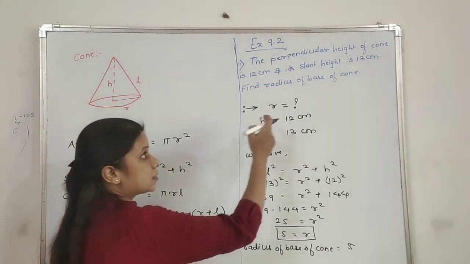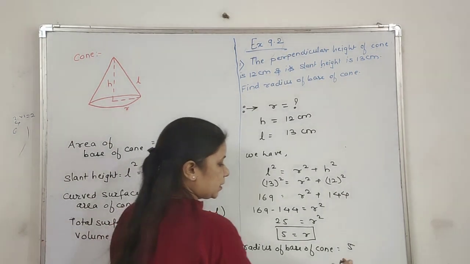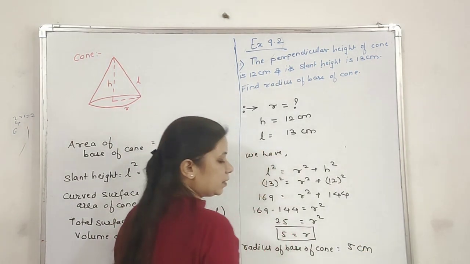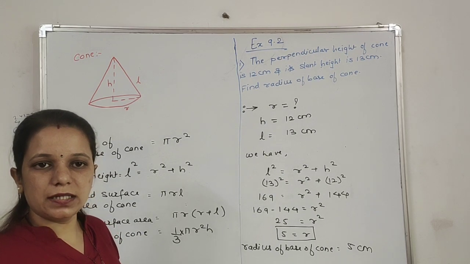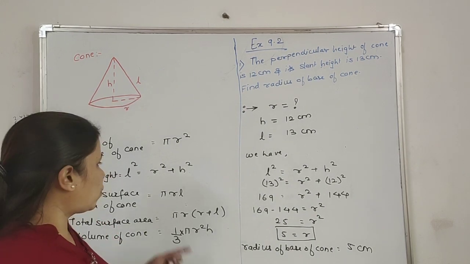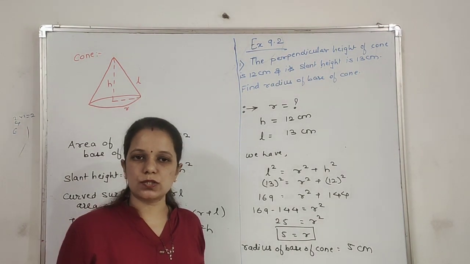What are the units? Height is given in centimeter, slant height is given in centimeter, so radius will also be in centimeter. Very easy calculation, very easy formula. Direct formula we are using for slant height. L square is equal to R square plus H square. Note it down.